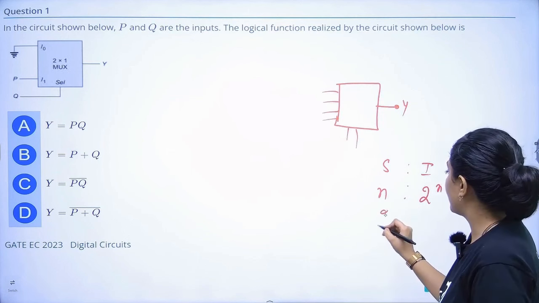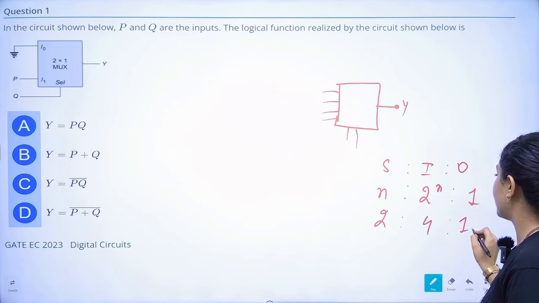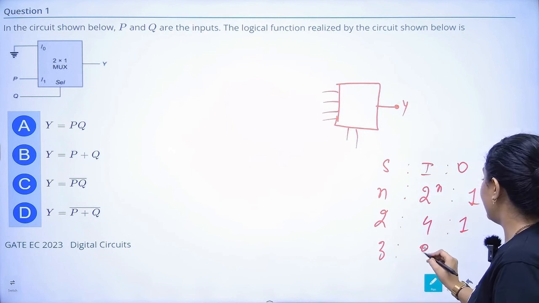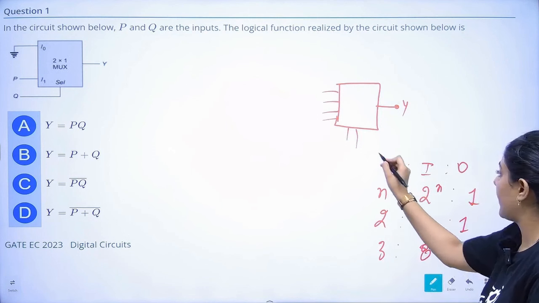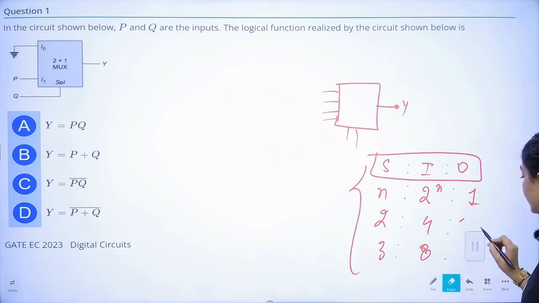If the select lines are 2, the input lines will be 4 and the output is always 1. If the select lines are 3, the input lines will be 8 and the output will be 1. So that is how a multiplexer is used.